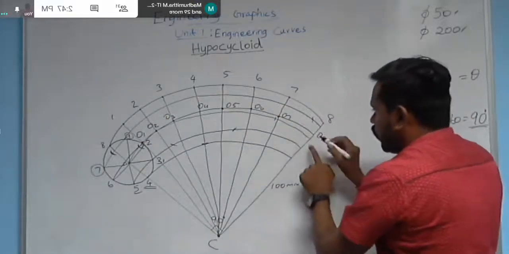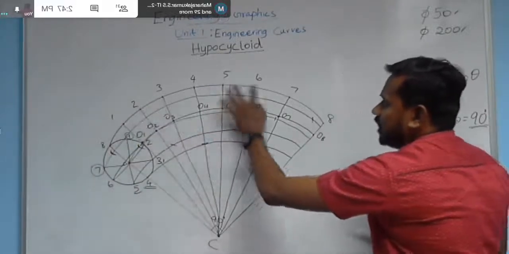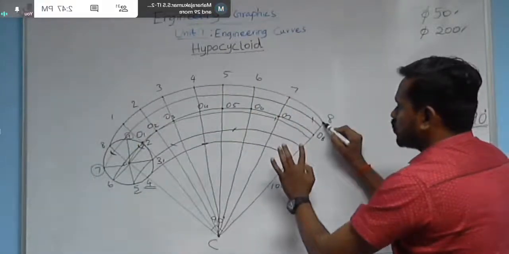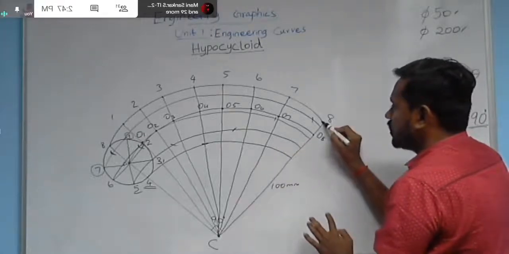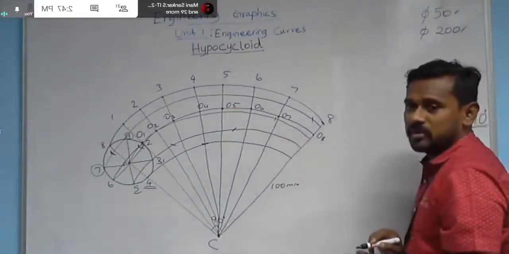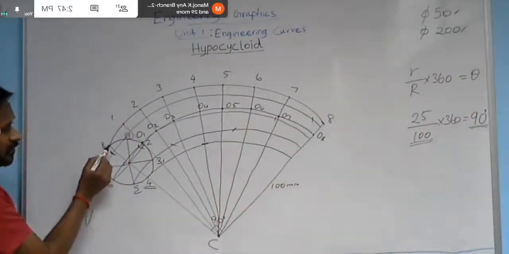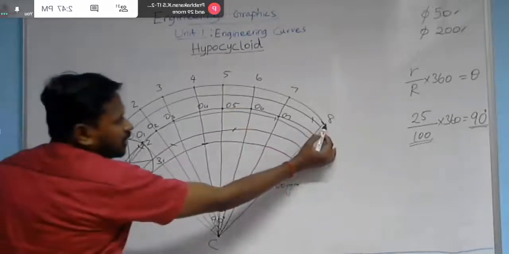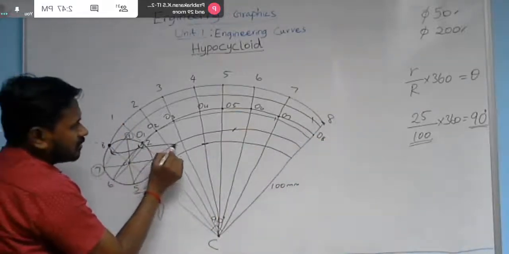And now, O8 as a center, here the arc is drawn from 8. If you are supposed to cut the arc, you can touch as a tangent only. So here the last point we need to mark. And then start to connect it, starting from 8 to 8, connecting all the cut points.